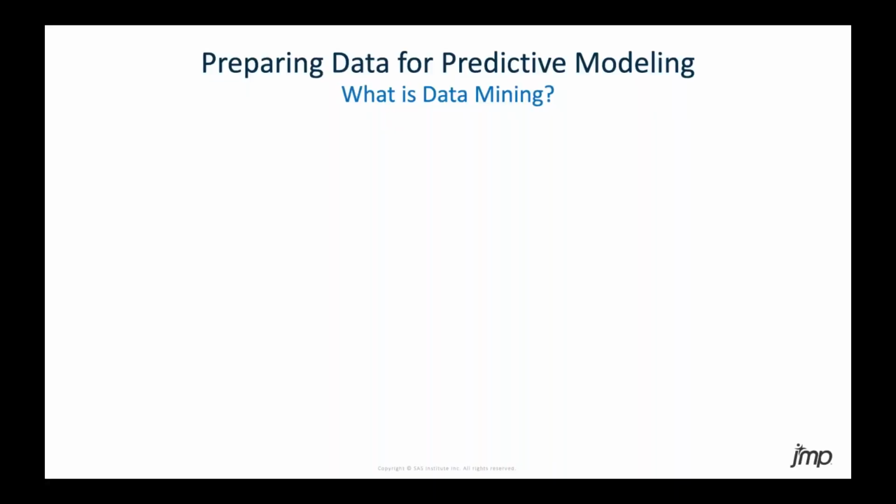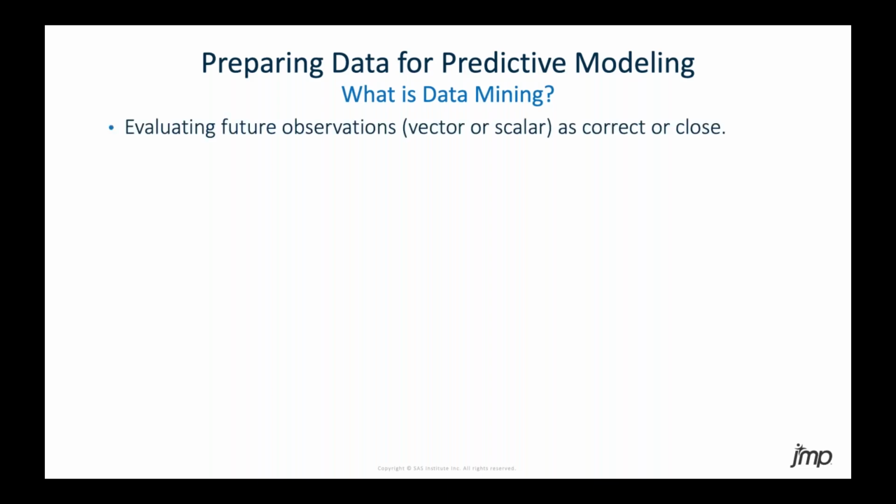So let's get started with answering the question, what is data mining? A while back, I was asked to give a talk on some of the key concepts in data mining, and I like to start there so we have an understanding of what predictive modeling is and where it fits in the context of data mining. I think of three different areas that data mining encompasses.